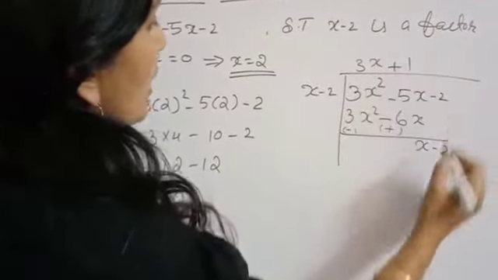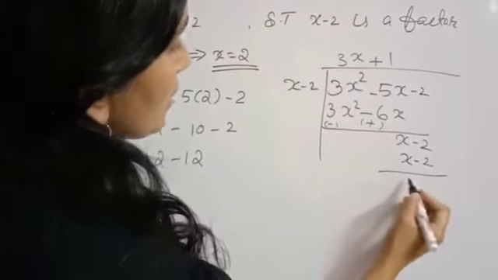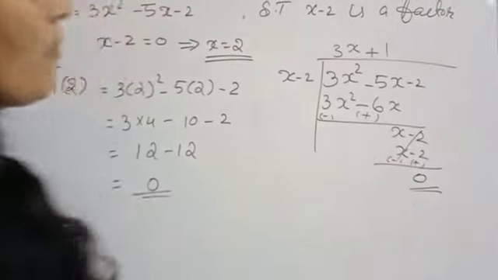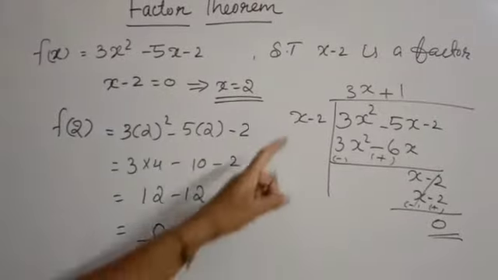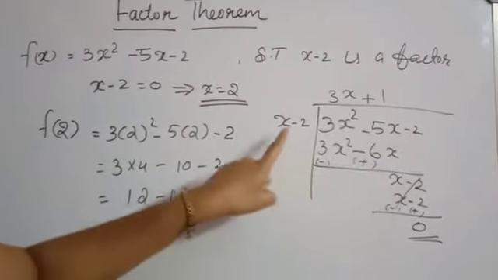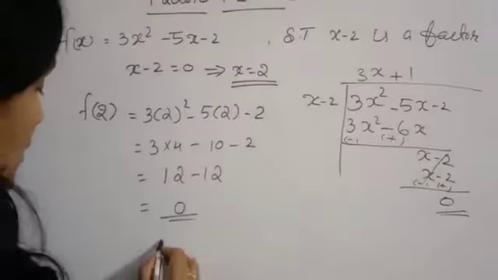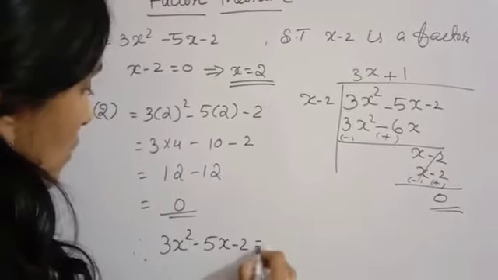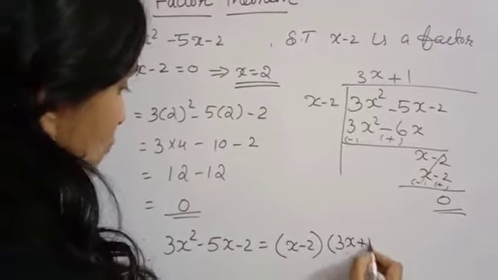Again plus 1. You have to multiply x minus 2 here. So the remainder is 0. So we got the quotient as 3x plus 1. That means the factors of 3x square minus 5x minus 2 are x minus 2 and 3x plus 1. Therefore, 3x square minus 5x minus 2 is equal to x minus 2 into 3x plus 1.